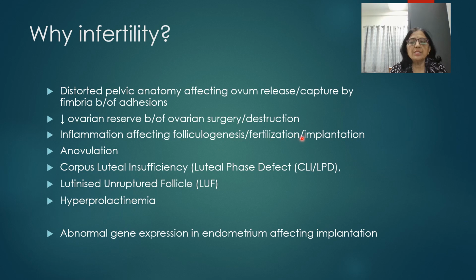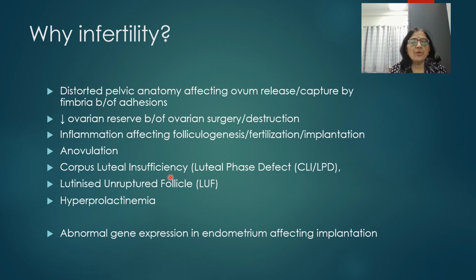So at all these stages there is a problem because of this inflammation, and that is how patients with endometriosis, even if they go for IVF, have a relatively lower IVF success rate because of these problems with the implantation also. It is associated with anovulation, as follicle formation itself is affected by this inflammatory process.